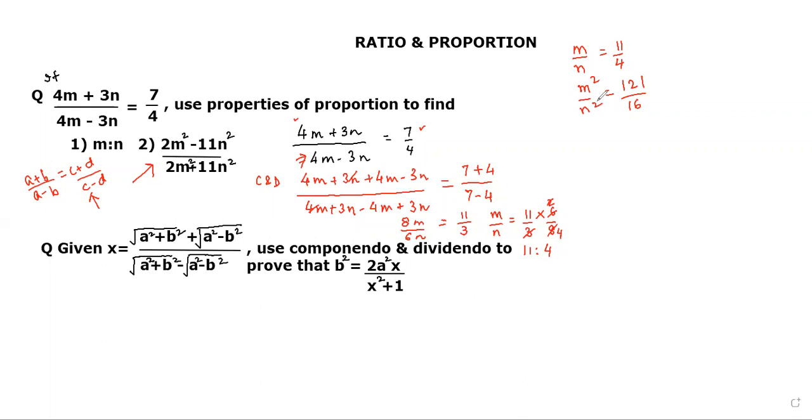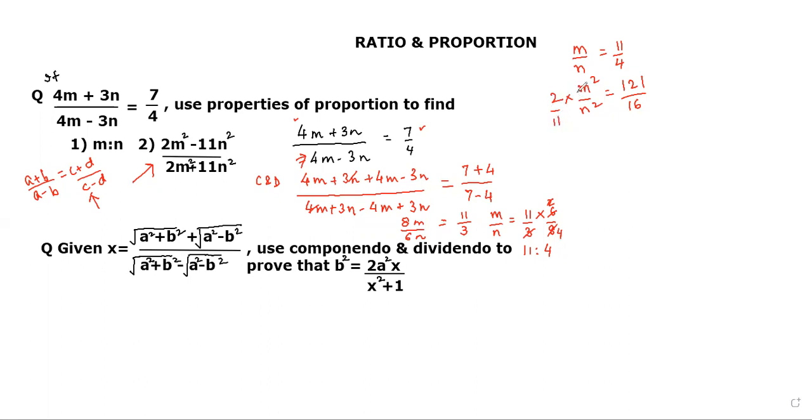Now I know m square upon n square. But if I do componendo and dividendo here, then I'll get m square plus n square. But do I need m square plus n square? No. I need 2m square and 11n square. And so for that, I will multiply 2 here and 11 in the denominator.